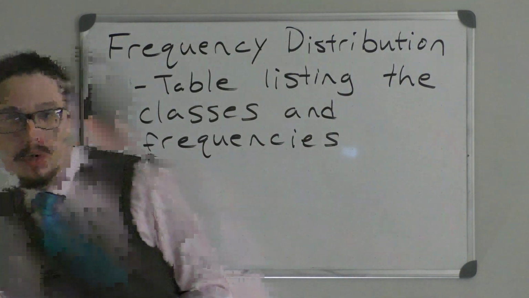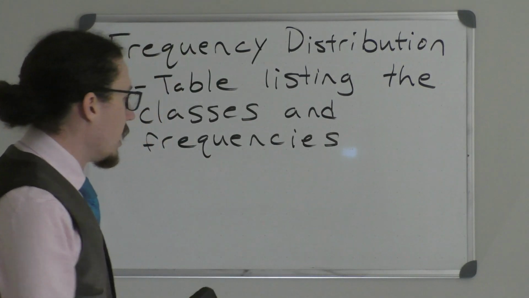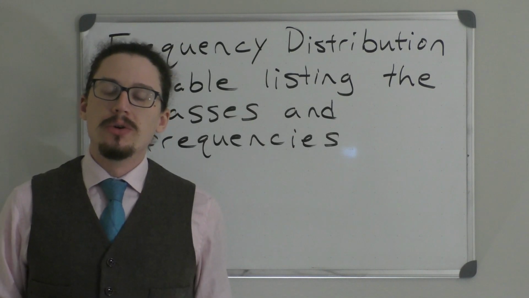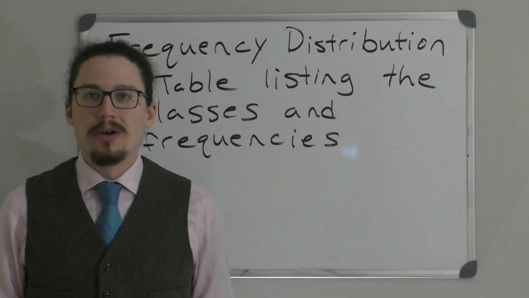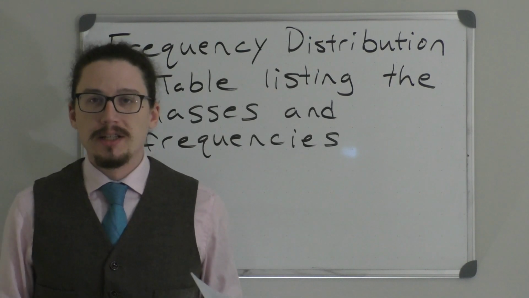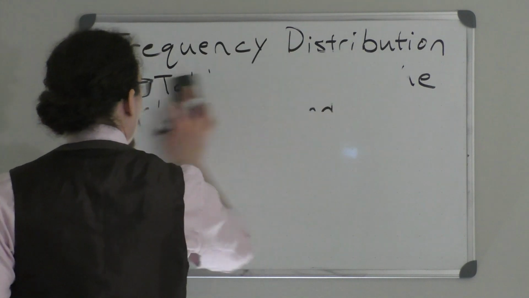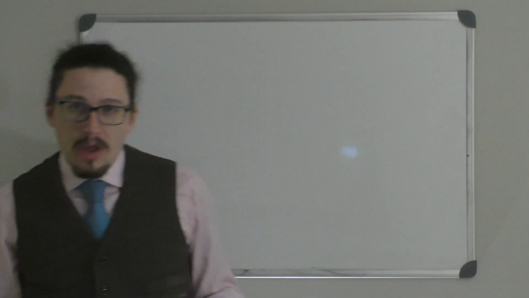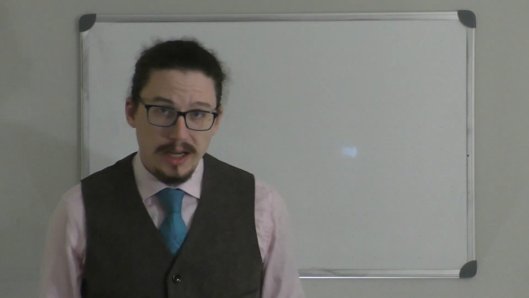So if we were to take that data set in that Word document and create a frequency distribution, we would count how many of each possible outcome is in our data set, and simply list those in a table. For that example, our frequency distribution might look something like this.